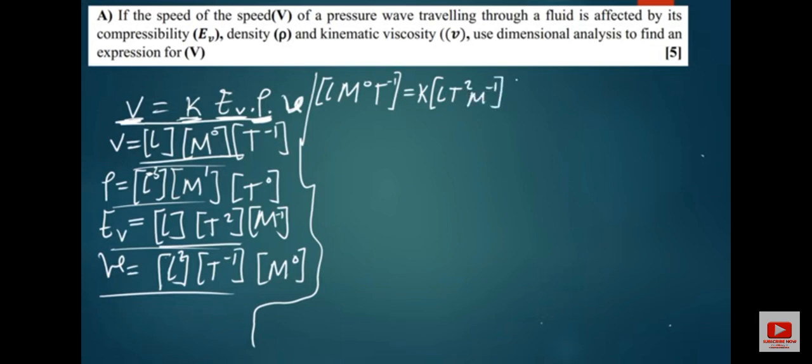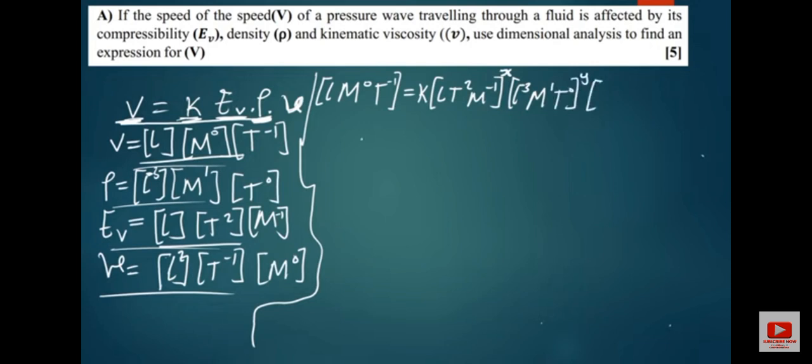I'm going to raise this to the power X, because I don't know the power that compressibility is having, so I'll just raise it to the power X. Then for density, I'll write the dimensions, which are L to the power -3, M1, and T0. Then I'll raise this to the power Y.